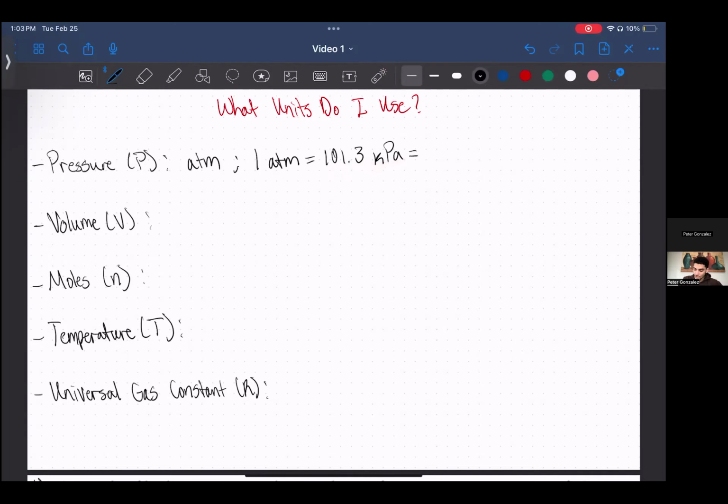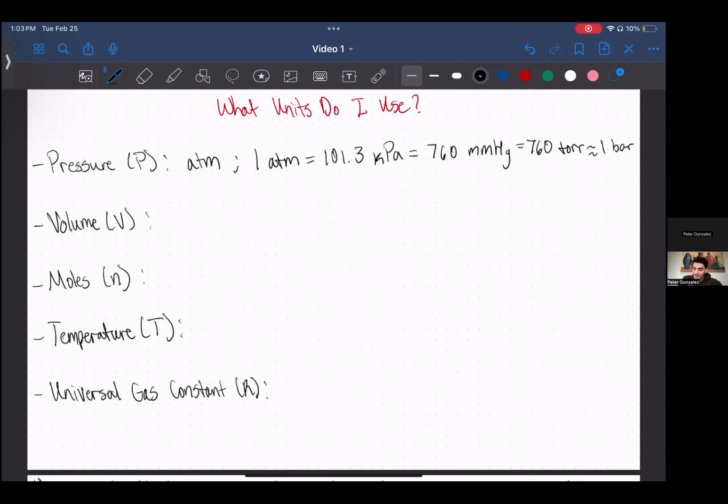This is also equal to 760 millimeters of mercury, and that is also equal to 760 torr. I don't actually know what a torr is. I've thought about looking it up to read about where it comes from, and I always forget. So I might do that tonight, but I also might forget. You just gotta know that a torr is an option for pressure you could be given. And lastly, all this is about equal to 1 bar.